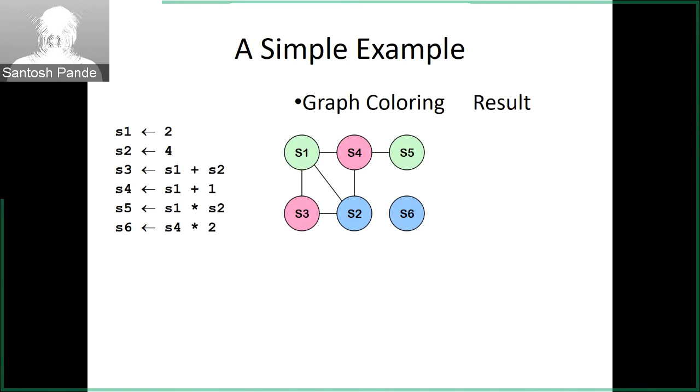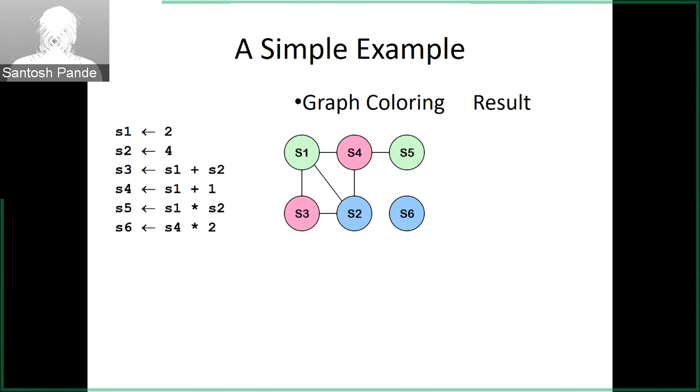In this case, you can see that we need at least 3 colors. We can, of course, share the colors across 2 nodes which do not have an edge amongst them. The moment you have an edge between 2 nodes, they have to have different colors. So under these, you can see that 3 colors are really essential here, and using those, we can color these particular live ranges and put everything in the register.